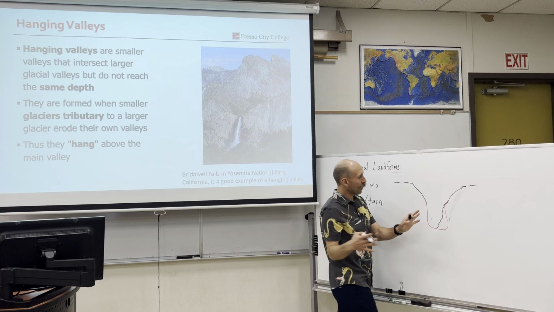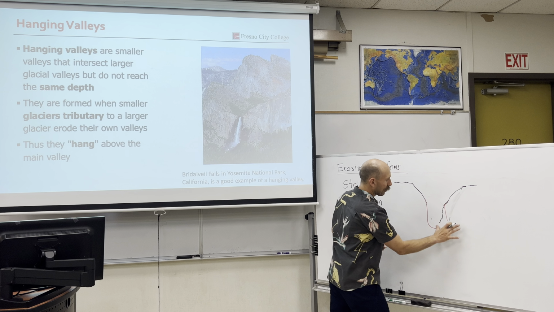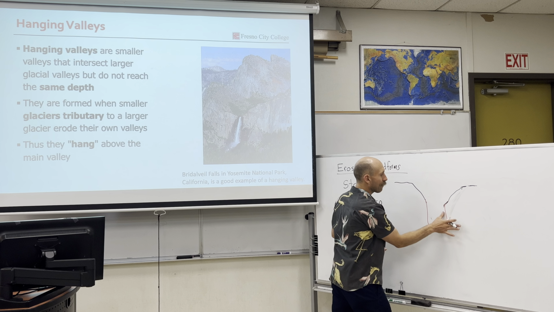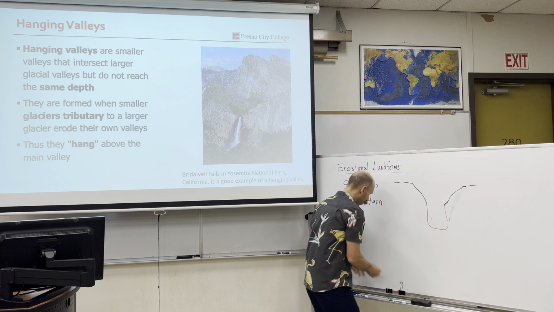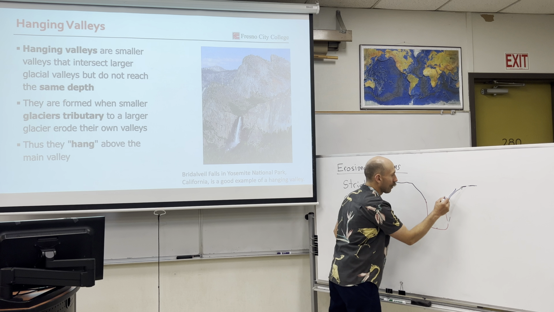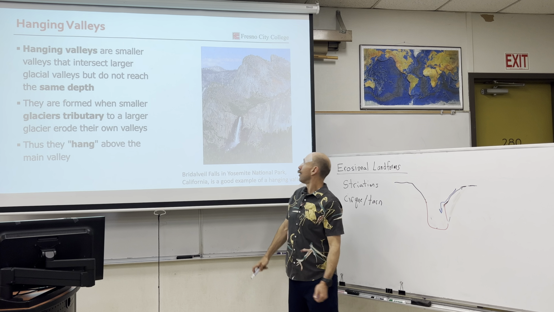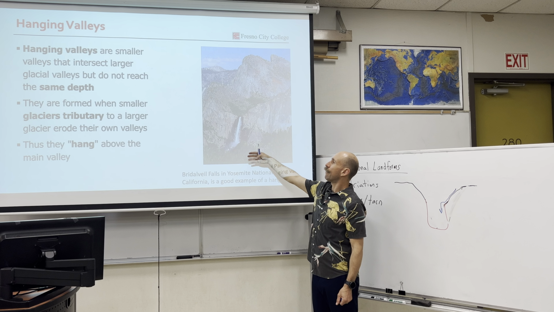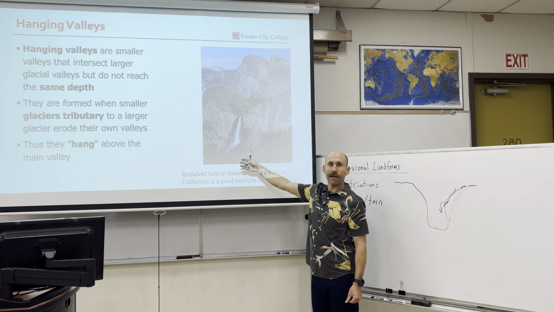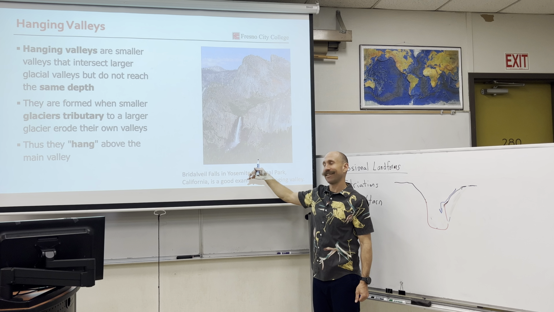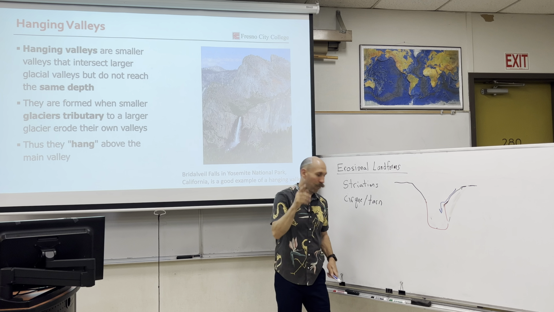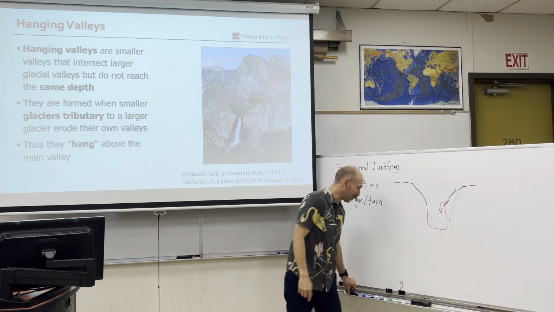But then the glacier came in and eroded the main valley, where now our river has been truncated and created a waterfall. The hanging valleys of Yosemite are another line of indication that speak to us. They tell us that Yosemite at one point was carved by glaciers.